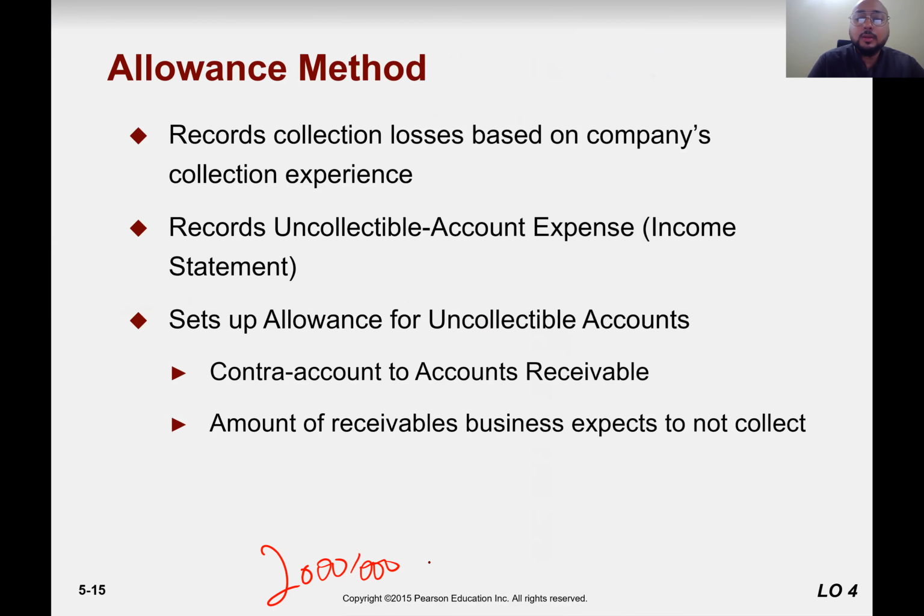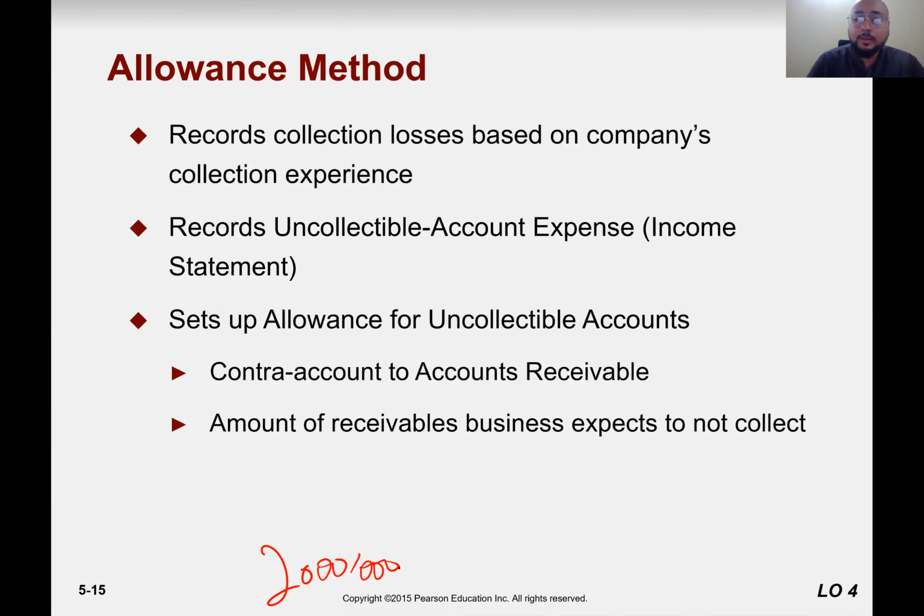It means $2 million worth of goods we sell to our customers, and customers will pay us later. Some will be paying us in 15 days, some in 30 days, some in 60, 65, or 80 days, whatsoever, 90 days, right?